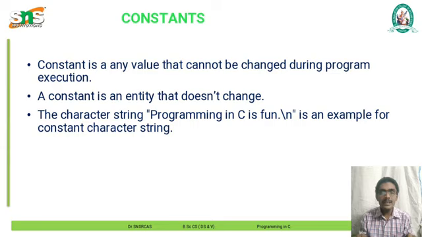A constant is an entity that does not change, whereas a variable is an entity that may change during the execution of the program. For example, the number 50 represents a constant integer value. The character string in double quotes, "Programming in C is fun", is an example of a constant character string.